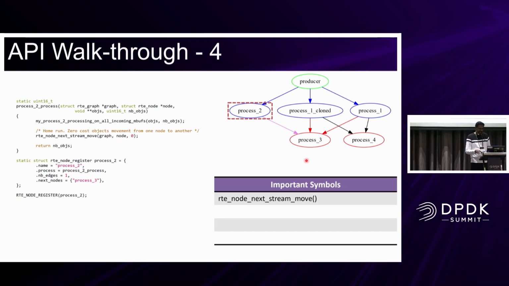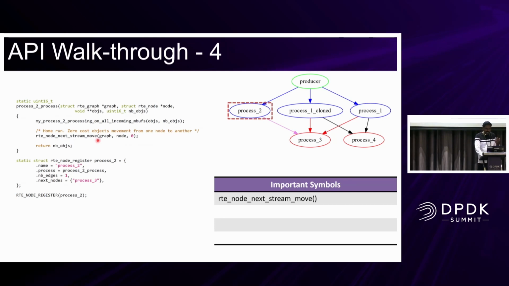Earlier there was an X1 variant, which does a load and store to that memory. There is a get and put variant where you get the memory and manually do the load and store. In this one, which we call a home run, there is a zero cost of moving objects from one node to another node, right?